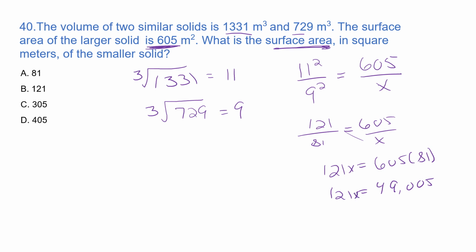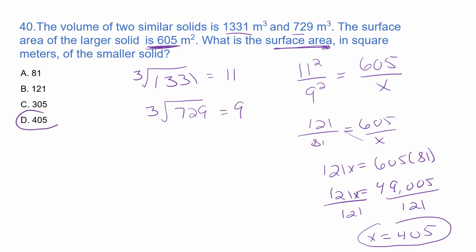And this should be an x here. And just solving using, again, algebra skills. And so x is equal to 405. And so that would be the surface area of that smaller solid.